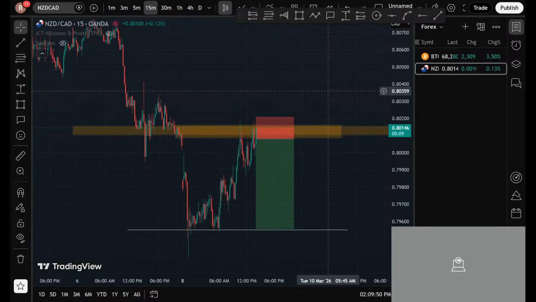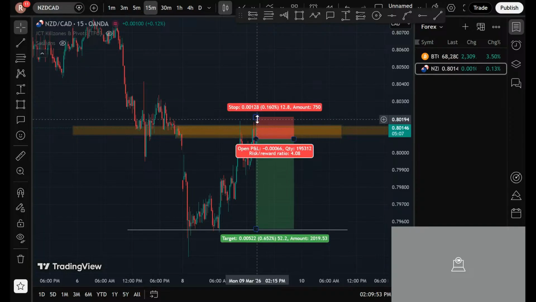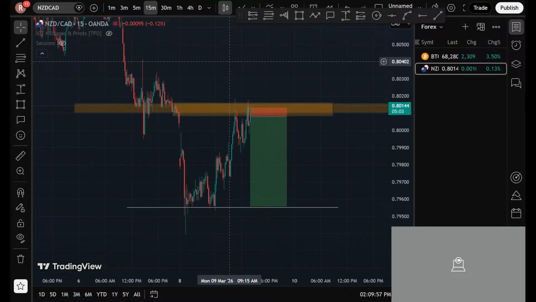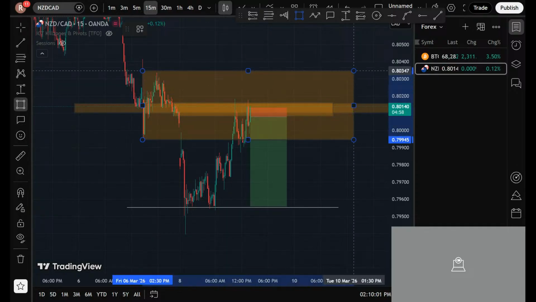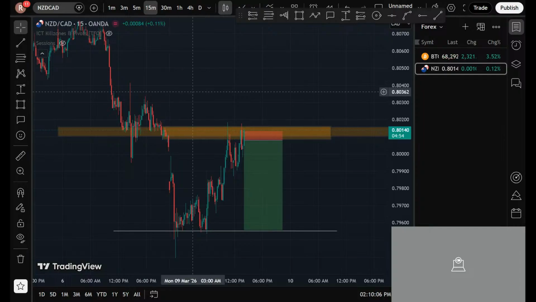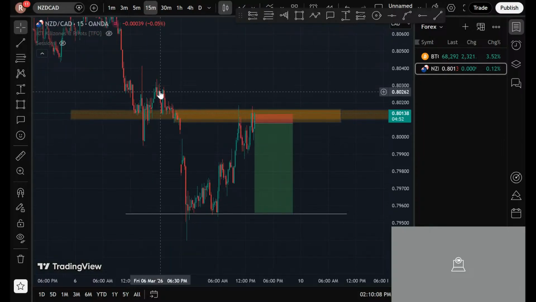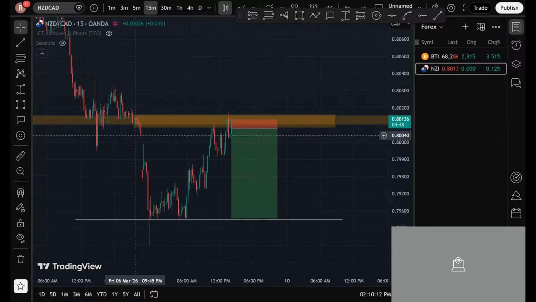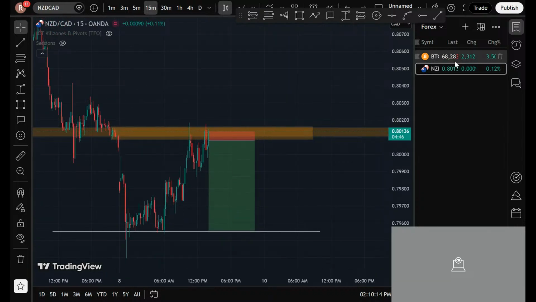So I closed over here, just over here. When the market has already respected the big order flow, it is more likely not going to respect the smaller order flow because it already respected the big one, like mitigated. So when price mitigates the big order flow, small order flows will not work.